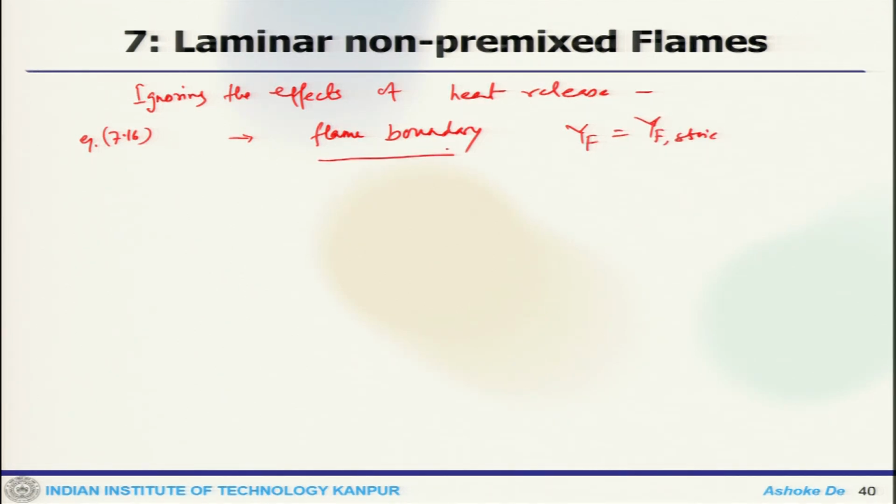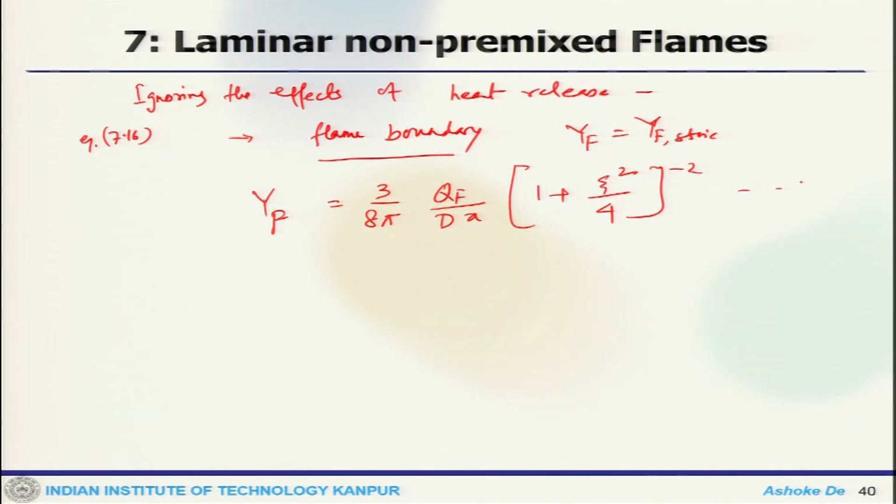This is a very crude description, because what we are ignoring is the effect of the heat release, which is not possible in a realistic situation. In that case, this will boil down to dr/dx = xi square by 4 minus 2.